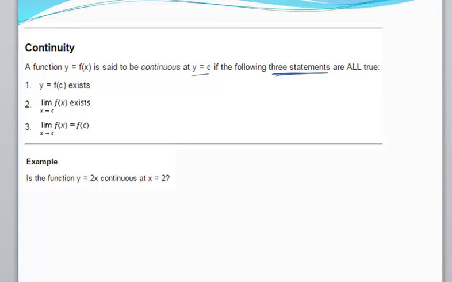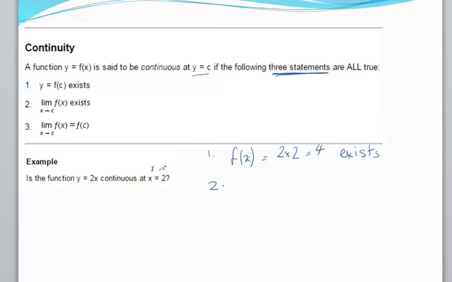So we want to see if y equals 2x is continuous at x equals 2. For test 1, f of c: we want our function at 2, so 2 times 2 is equal to 4. So f of c exists.